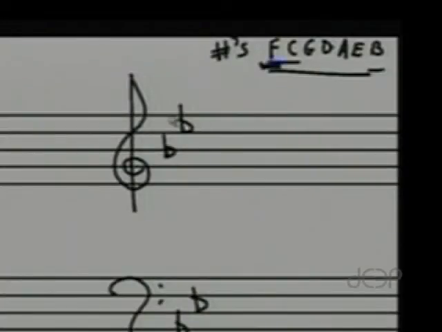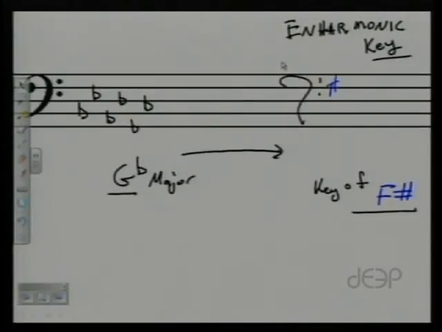So we'd come back here, and it's 6 sharps, F, C, G, D, A, E, and then F sharp, C sharp, G sharp, D sharp, A sharp, E sharp. And that would be the correct answer for the enharmonic key signature for G flat major. Hope that all makes sense. Note that on part 2, there is another third example of that up on the top of page 14.